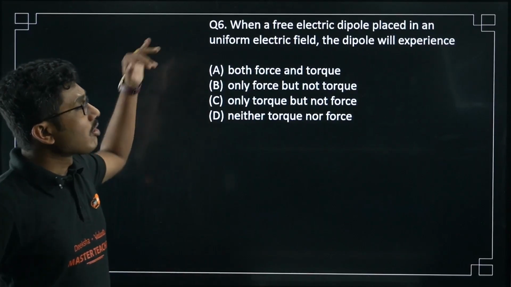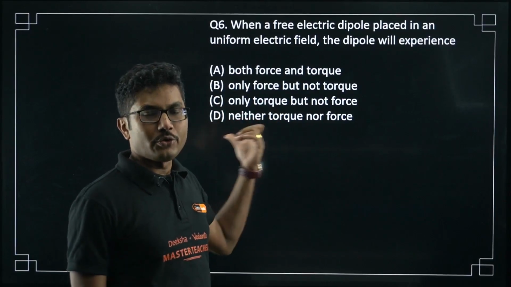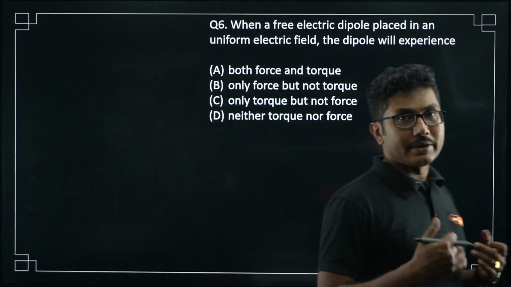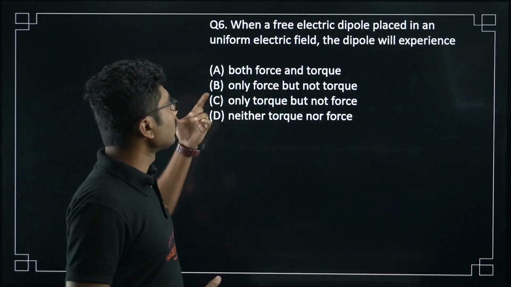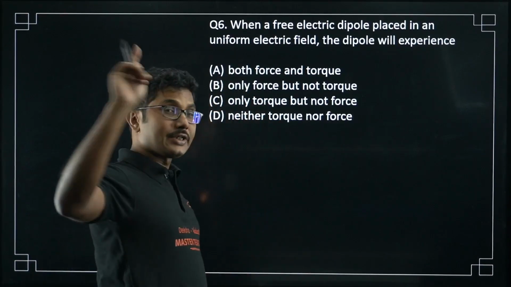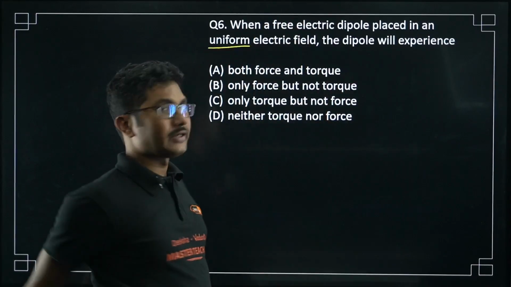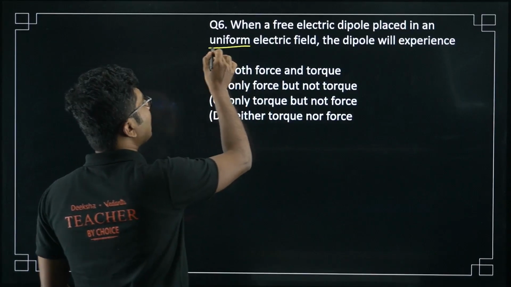Now this is a common question, but the question language is changed here, so don't answer questions without properly reading them. There is a question where the answer is basically both force and torque, but in this case it is not. Why? That question where it is mentioned both force and torque is basically non-uniform electric field, but in this question the language is changed, it is uniform electric field.